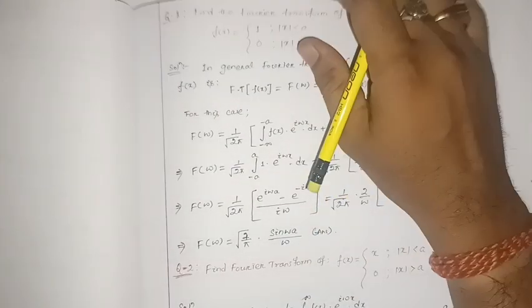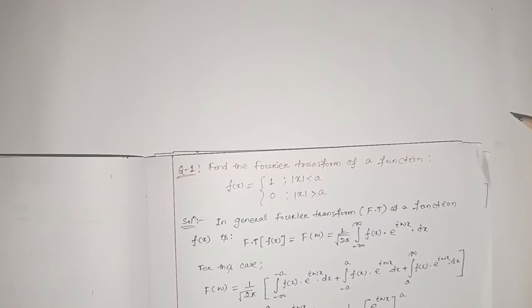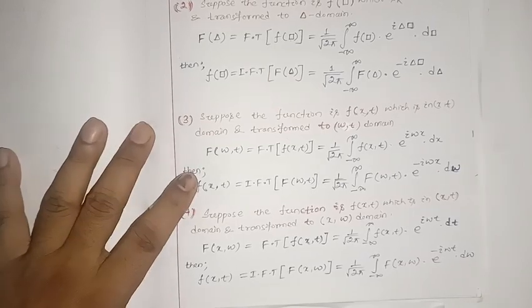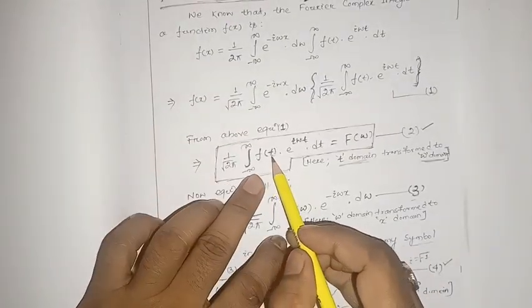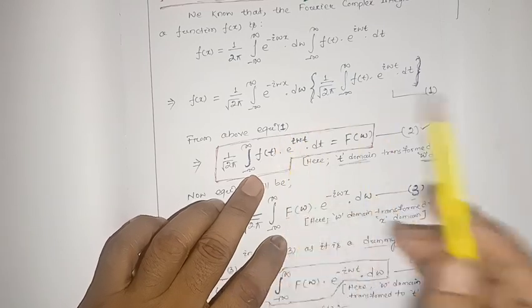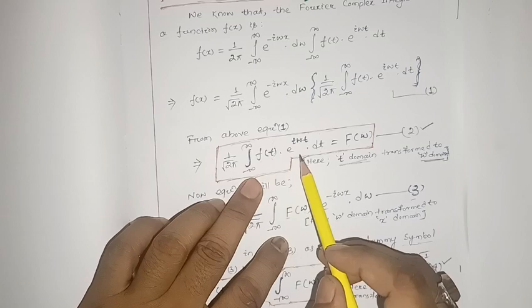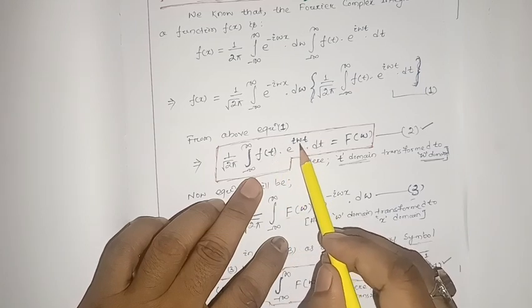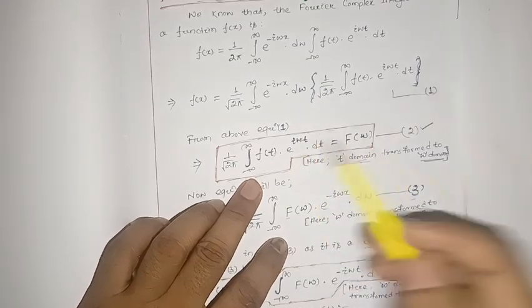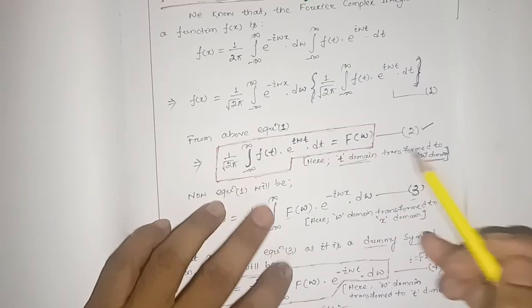Okay, so this is all about the Fourier transformation of a function. Okay, in our next class we are going to do some numericals based upon the Fourier transform. Okay, and finally I am going to suggest to all of you that you just remember: you have a function having the variable t, it is transformed to another domain omega, it will be written like this, e to the power i iota, this variable will be there, and the other variable to which it will be transformed, that is, i omega t dt.